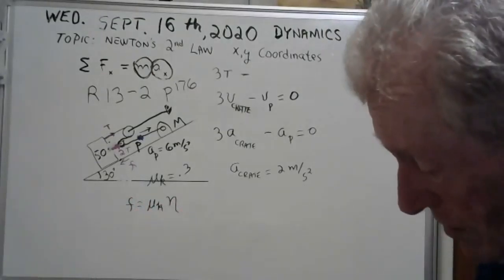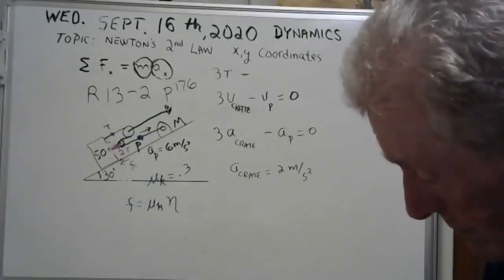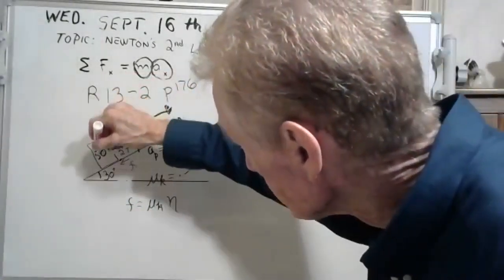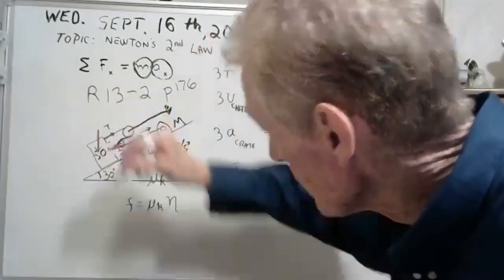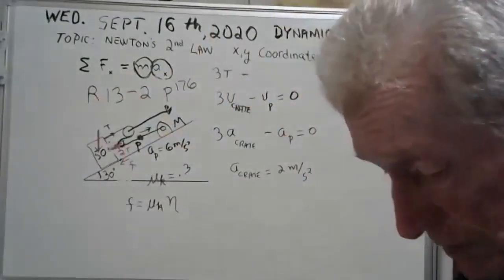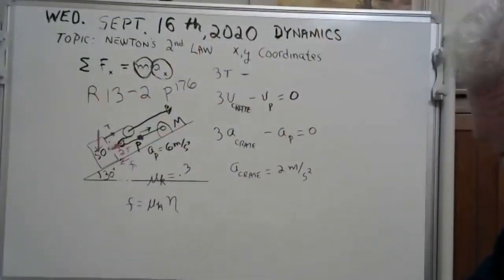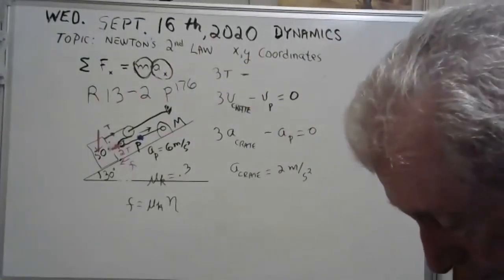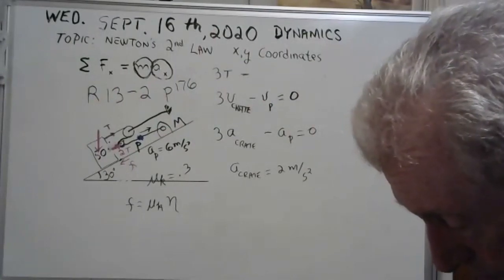And in this case here, we've got to find the normal. Well, there's a weight here of 50 times 9.81. Let me get that. 50 times 9.81.